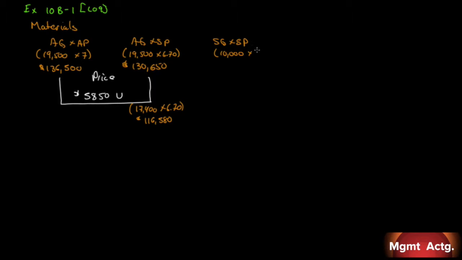We can just multiply it by the total, which is $12.73. So we'll get $127,300. And that will give us a quantity variance. Notice it's 127.3 came in at 116.5, so it's favorable, $10,720 favorable, sorry.